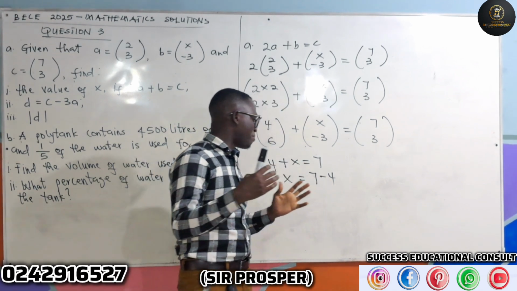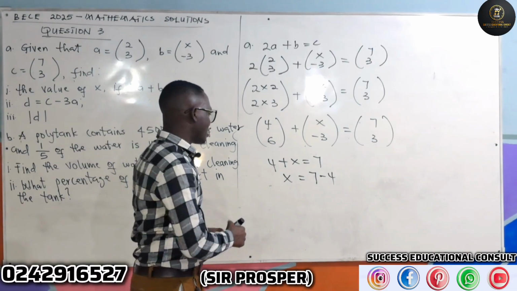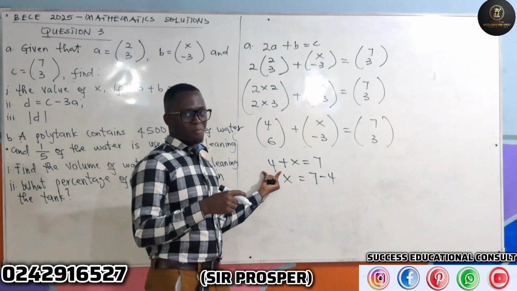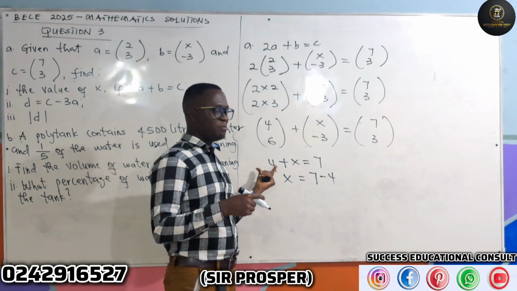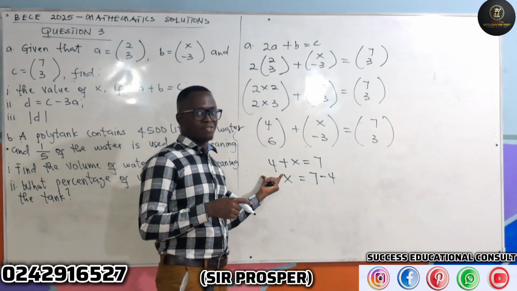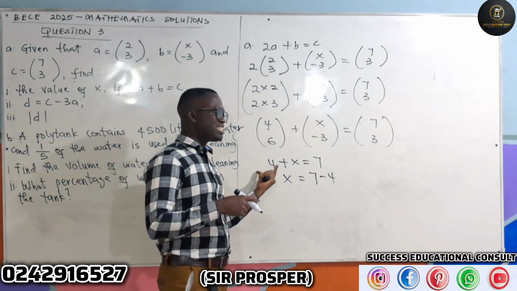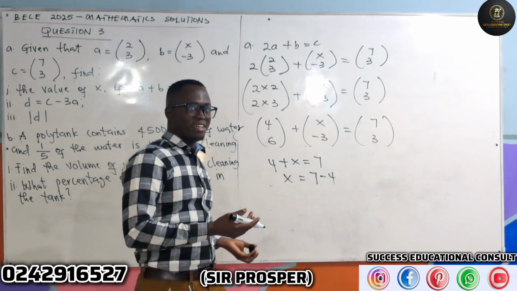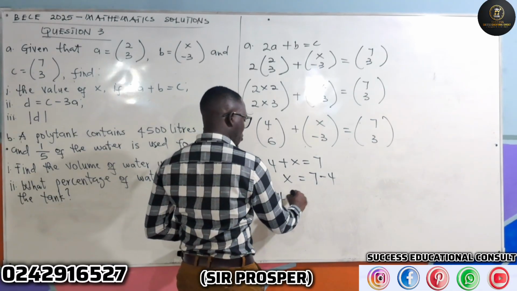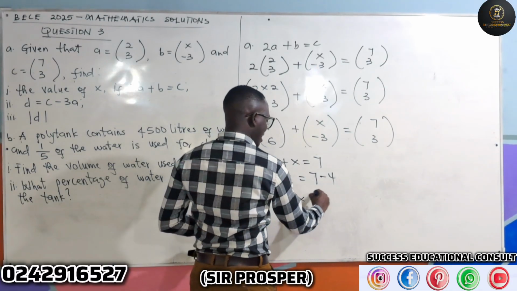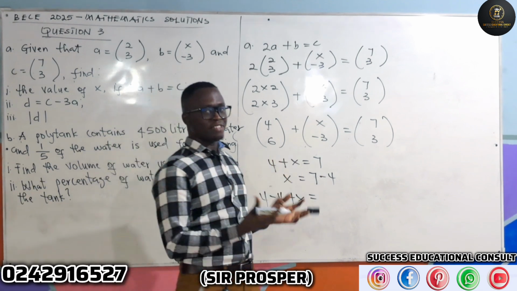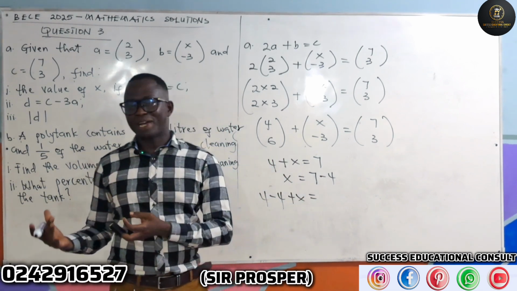When we use the balancing approach, let's try the balancing approach. We are eliminating 4, and we look at the state of this 4. It is positive. So what do we use to eliminate this 4? We use its opposite, which is -4. So it's going to be 4 minus 4 plus x equal to, because it's an equation, whatever happens on the left hand side also happens on the right hand side.